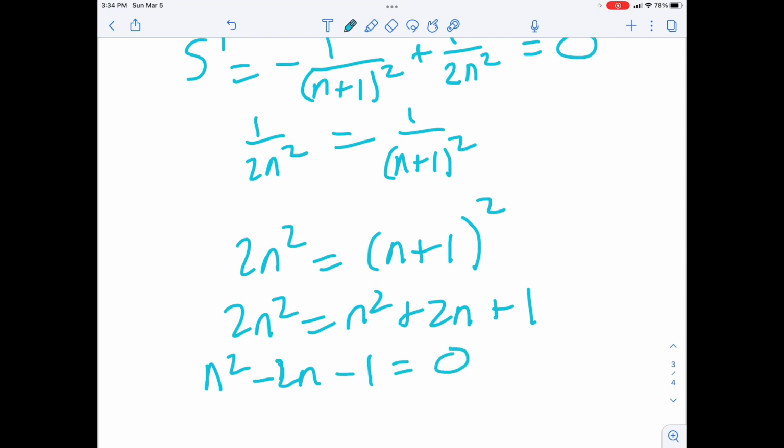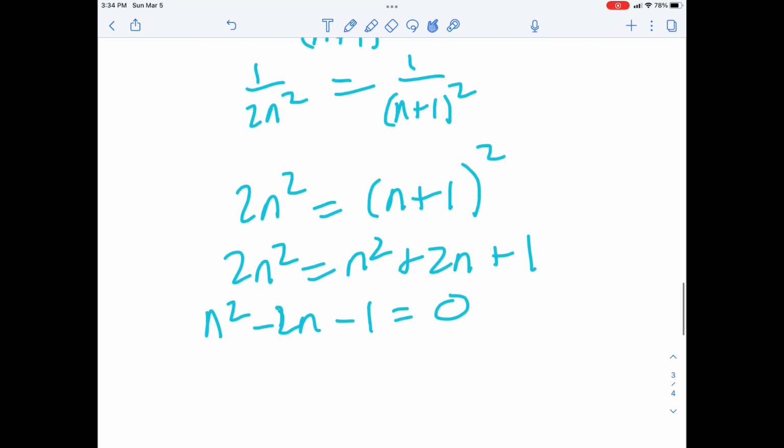equals 0. But as you can see, this won't factor, because if I have negative 1 and positive 1, you're not going to be able to factor this, and the quadratic formula isn't going to work for us at this point, so I'm going to complete the square.